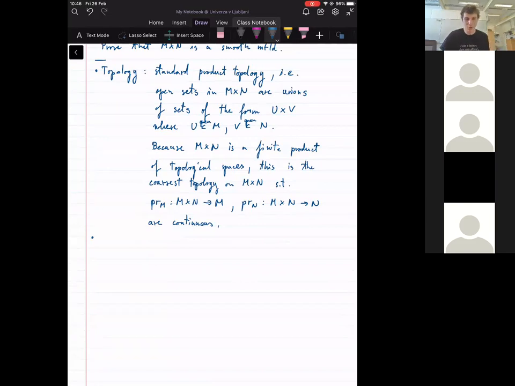Okay, so let us try to define the smooth atlas on the product.